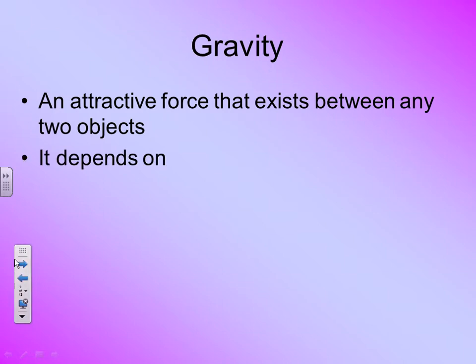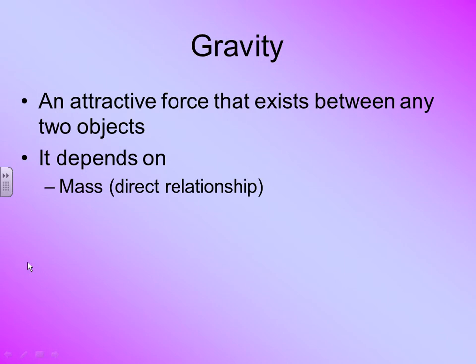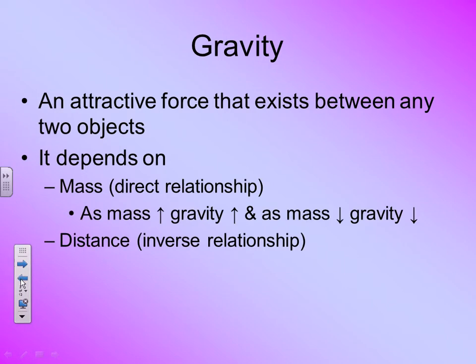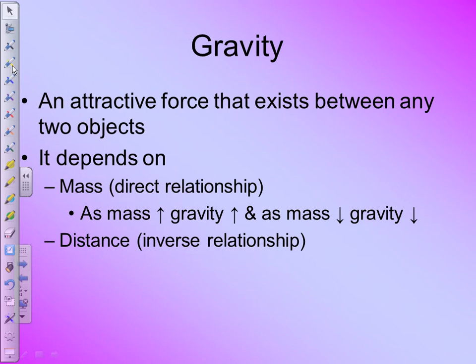Okay. It depends on mass, which has a direct relationship. That means as the mass goes up, gravity goes up, and as mass goes down, the gravity goes down, right? But it also depends on distance. It's an inverse relationship.